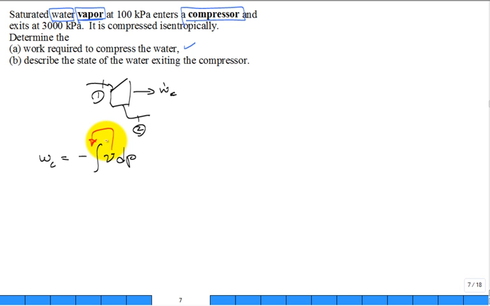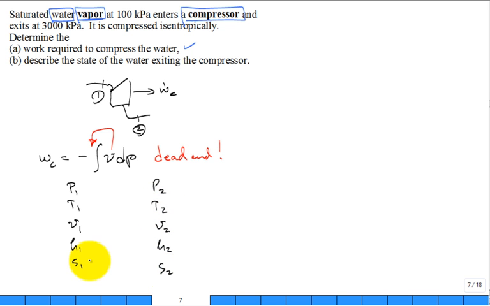No. No. And so this approach is kind of what I'd say a dead end. Even though we just learned it and we applied it to the pump, it was really slick. We were like, oh, that's VdP. But what we have to do is go back and say pressure inlet, temperature inlet, list all the properties of interest: V inlet, U inlet, H inlet, S inlet. How about the pressure outlet, temperature outlet, specific volume outlet, enthalpy outlet, entropy outlet, okay?